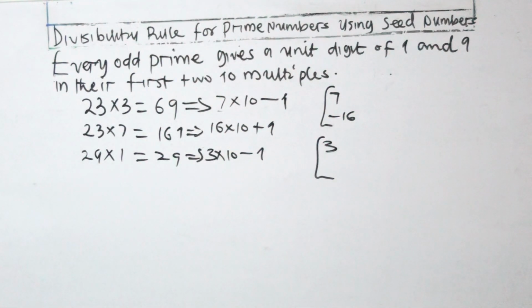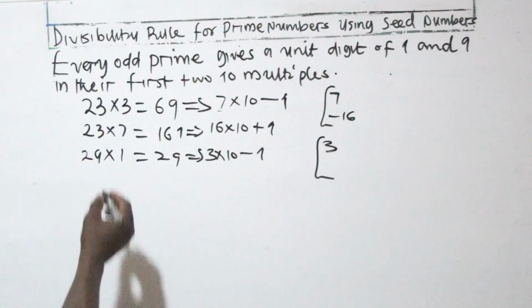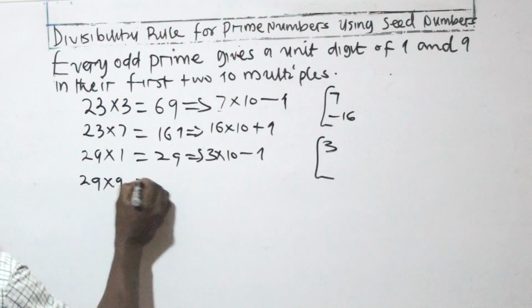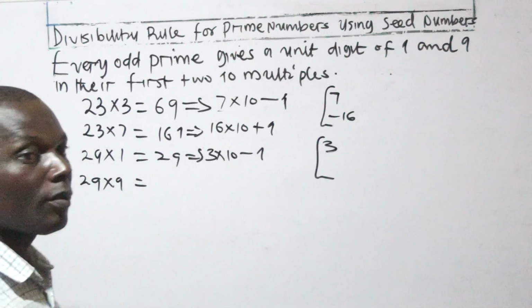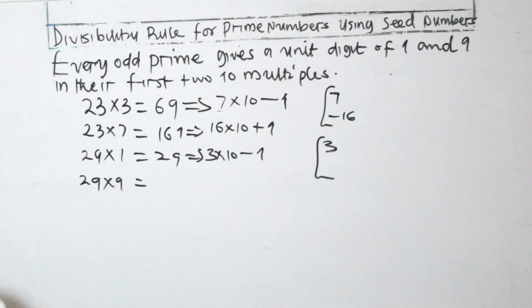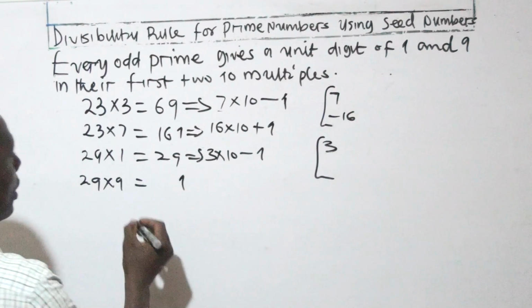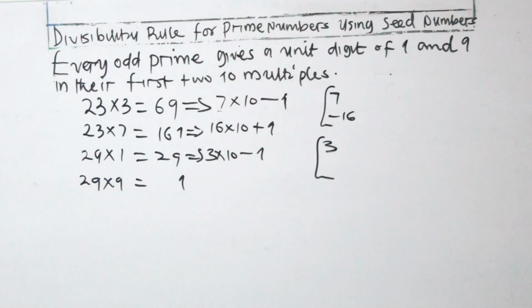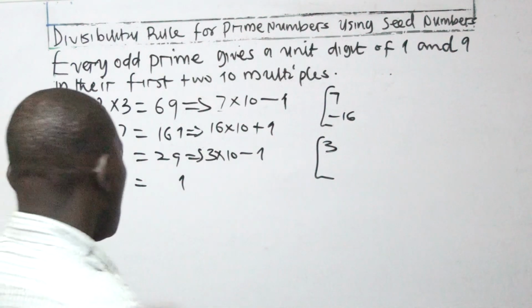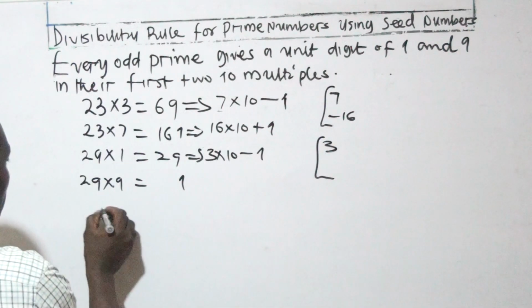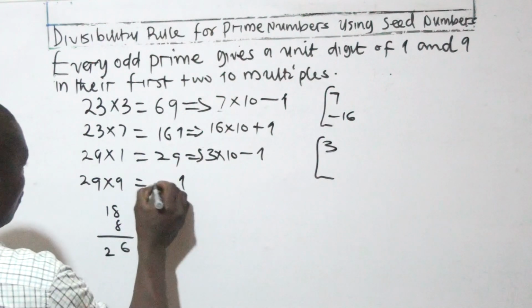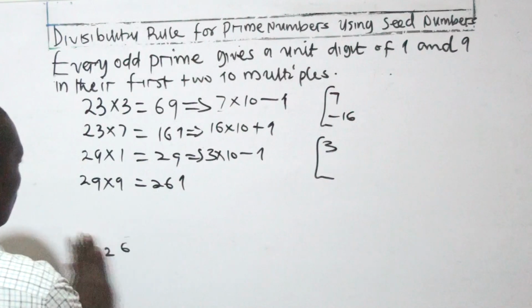What do we multiply 29 with so that the unit digit will become 1? It's going to be 29 times 9. 9 times 9 is 81, write the 1 and carry 8. 9 times 2 is 18, plus the 8 we carried forward, that becomes 26. This gives us 261.